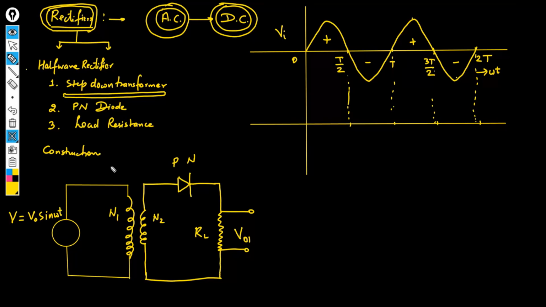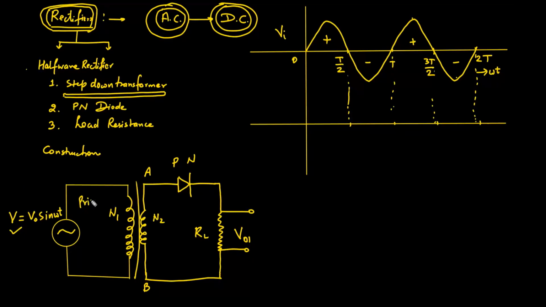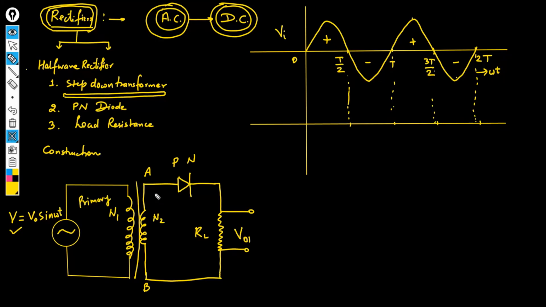Now see carefully, let's say A and B are the ends of the secondary coil. Whatever AC is fed into the primary coil, due to mutual induction, EMF will be generated in the secondary coil.